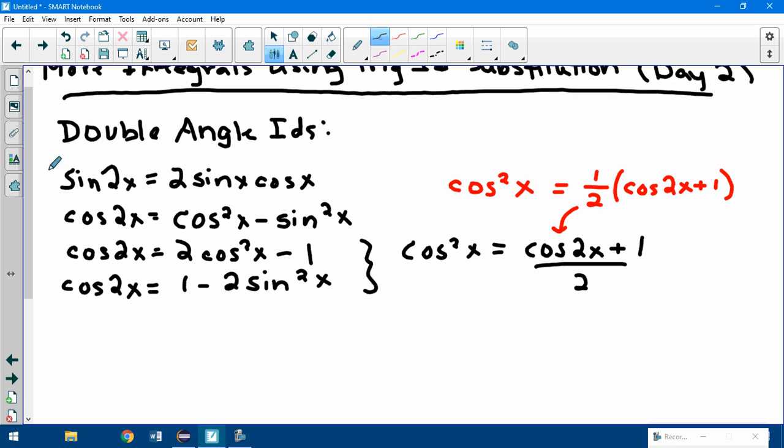Similarly, I could solve for sine squared in this last equation here, right? I've got a negative here. So if I'm going to want sine squared of x alone, I would have to subtract this 1 over. So I'd have cosine of 2x minus 1. Then I would have to divide by negative 2.